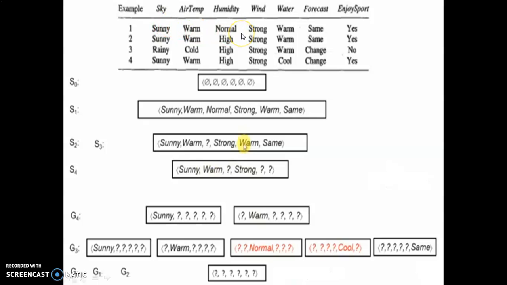The first 4 attributes are question marks, acceptable, but the fifth one is warm here and cool there. Since it should be classified as positive but will be classified as negative, this also will be removed. The other 3 will be acceptable for all the examples considered till now. So we remove these 2, and only these 3 will remain here.